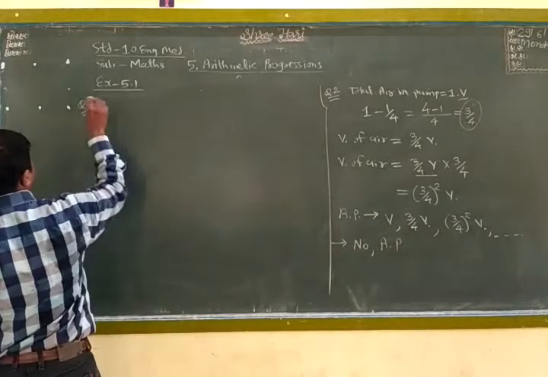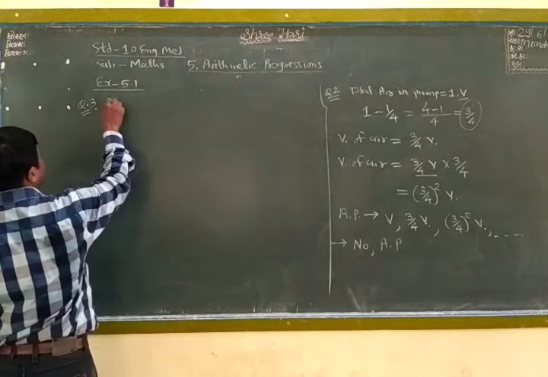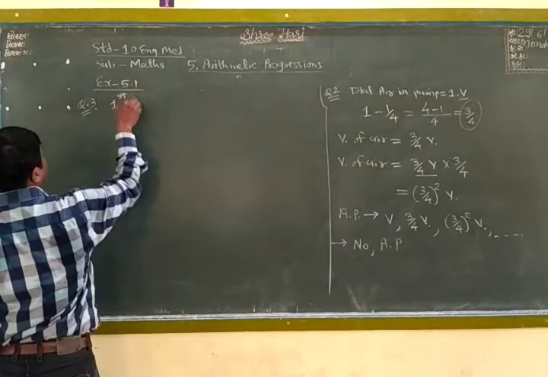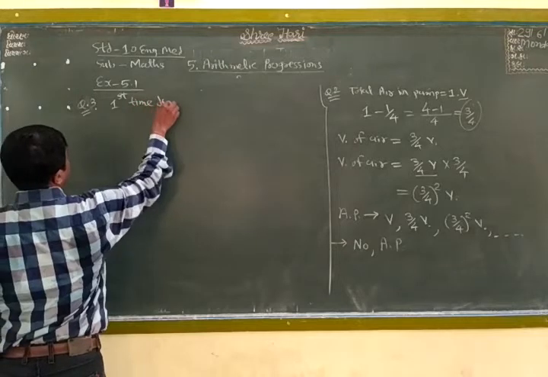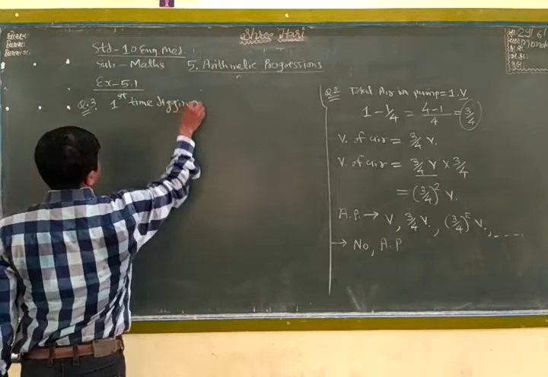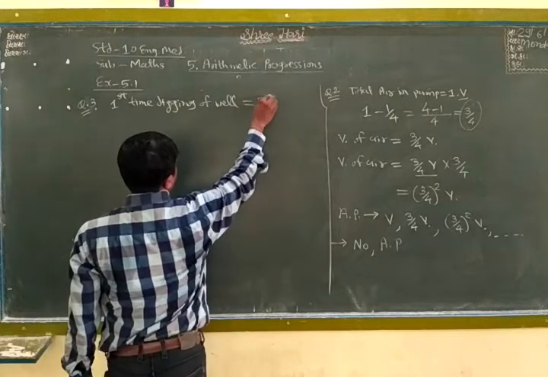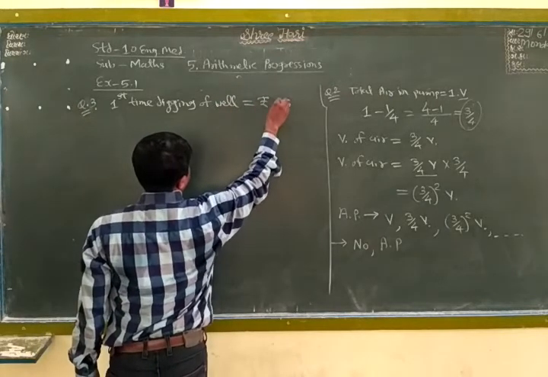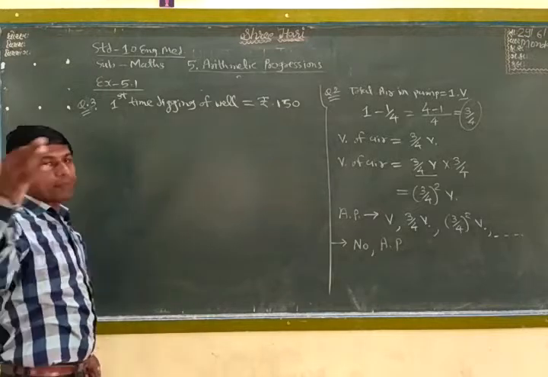Question 3. First time digging of the well, rupees given 150. But again you start to add 50.